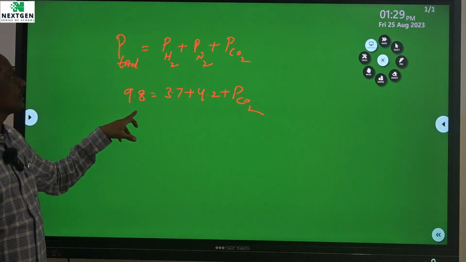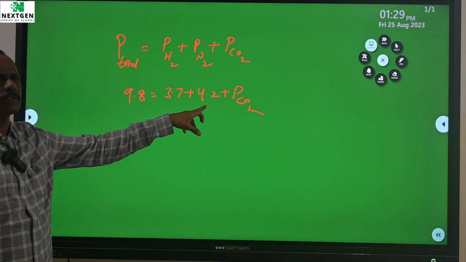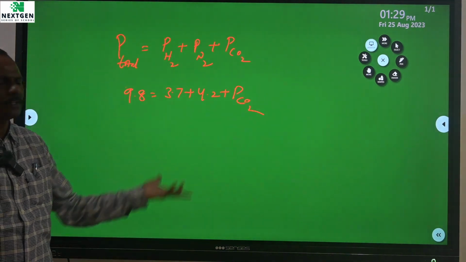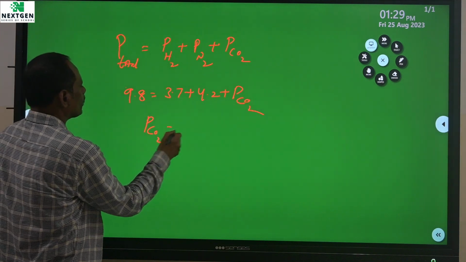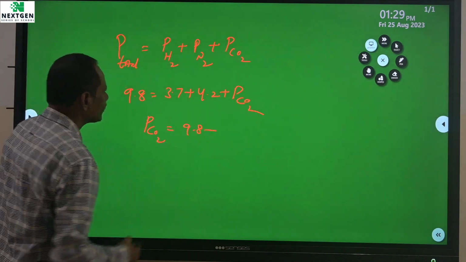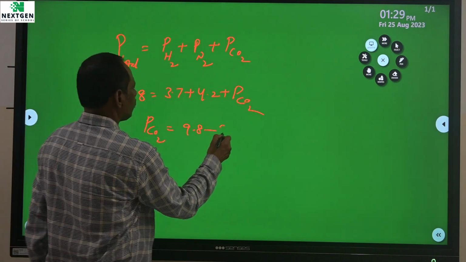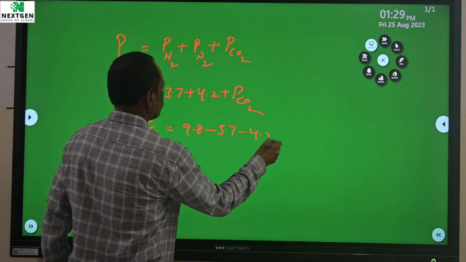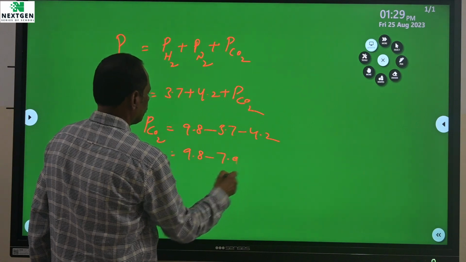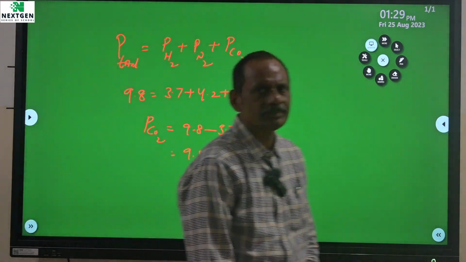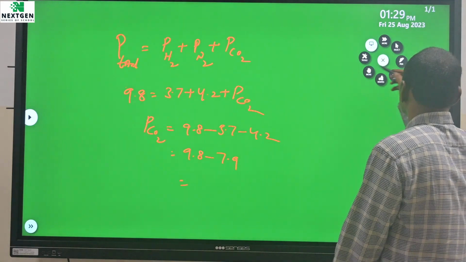Here the total pressure is given and the partial pressures of hydrogen and nitrogen are given. Therefore, you can calculate the partial pressure of CO2. So the partial pressure of CO2 is equal to 9.8 minus 3.7 minus 4.2, that is 9.8 minus 7.9. That will be the answer. That is the second question.